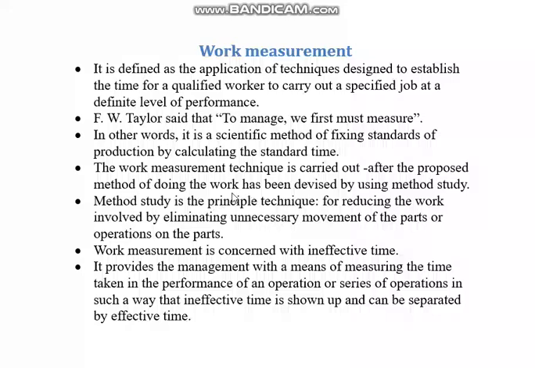Here this spelling is written wrong. It should be principal, P-A-L. This is the principal technique for reducing the work involved by eliminating unnecessary movements or paths or operations on the parts. So first you have to undertake method study, and then only you can undertake work measurement.